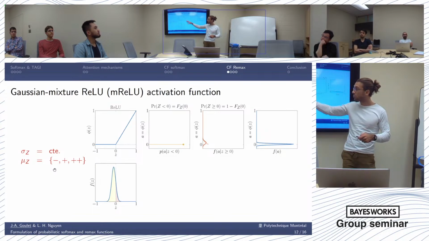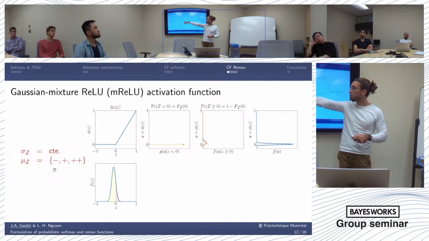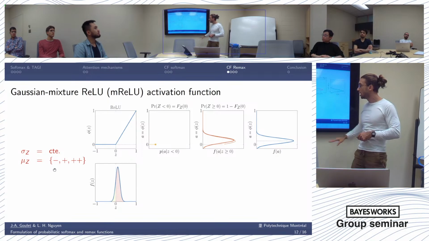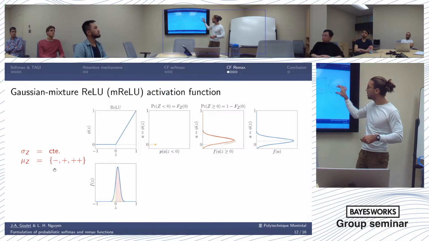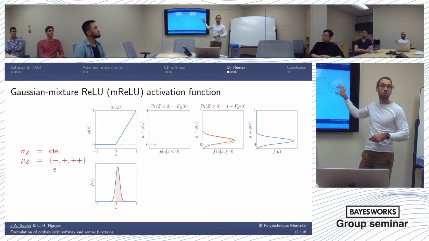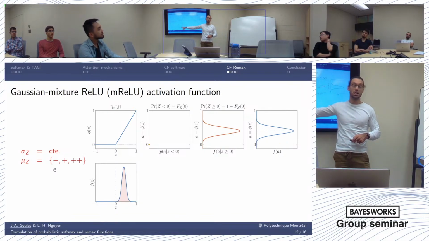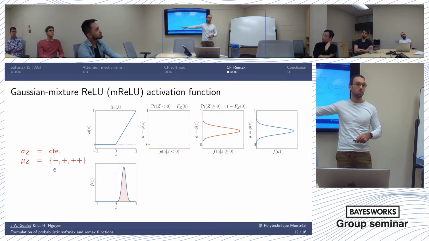This is the first case, where we have a constant sigma z and a small negative mean. What if we have a small positive mean? The mass of the positive part gets a little larger, the probability of a negative value drops, and we see a larger uncertainty. What if we have a large positive mean? We have almost zero mass in the negative domain, so this drops to 0, and this is identical to this.